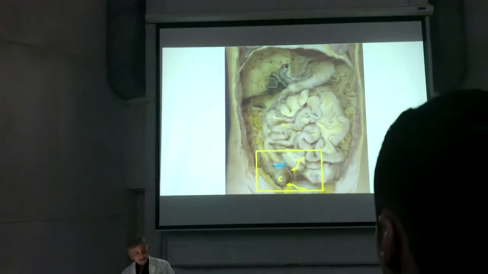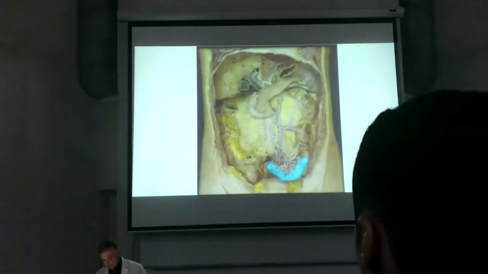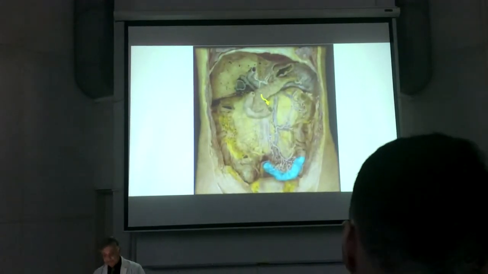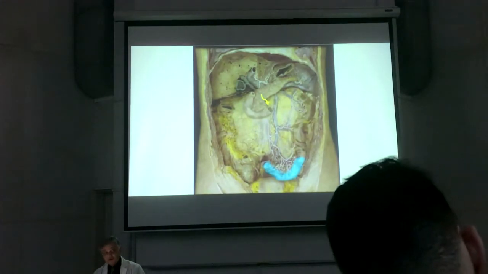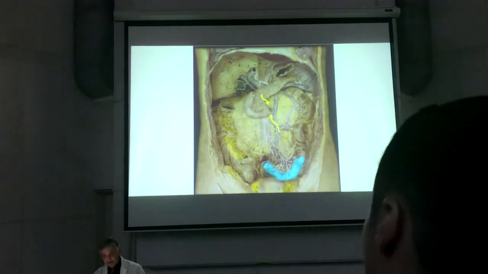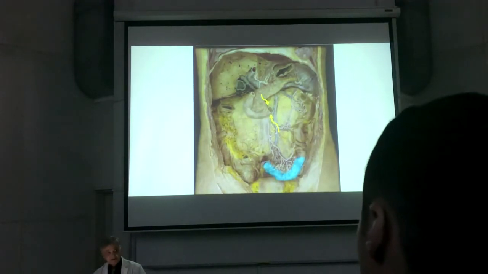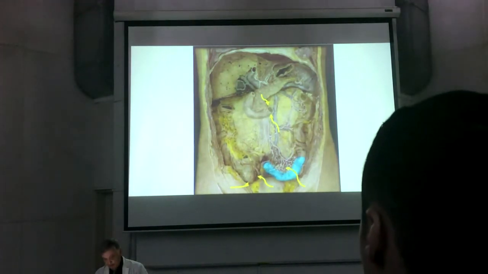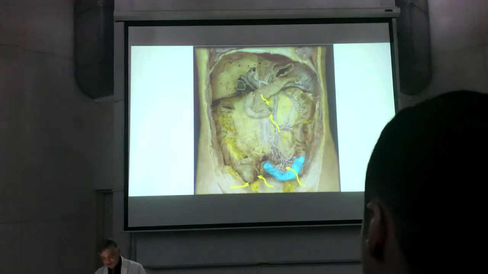So there are paracecal pouches. If you look at the duodenum, especially at the duodenal flexure, we have paraduodenal spaces, pouches. We have little pouches around the sigmoid colon mesentery.